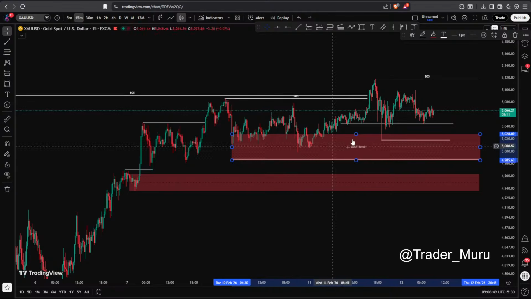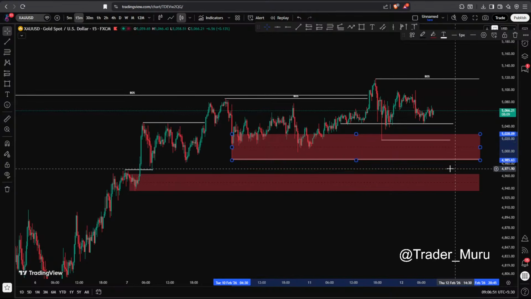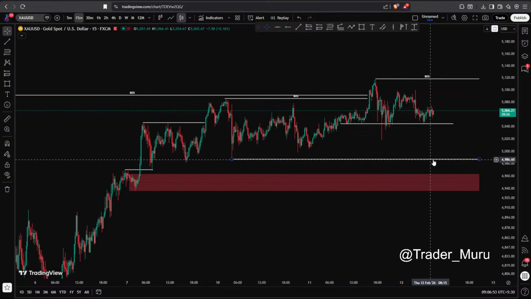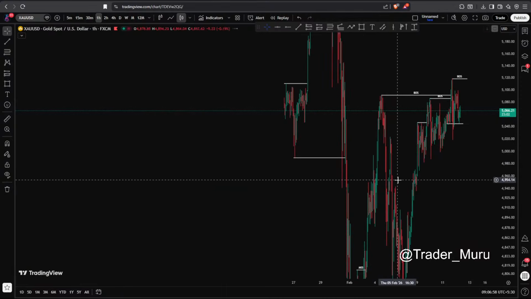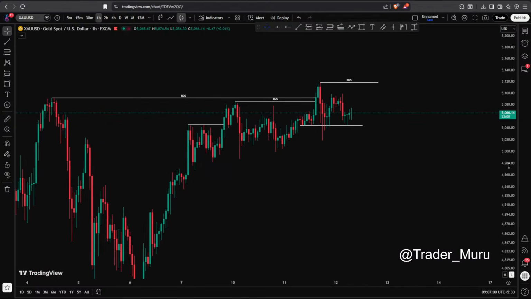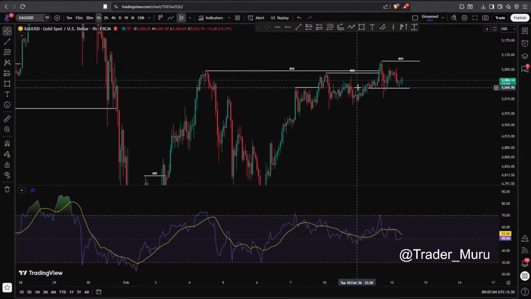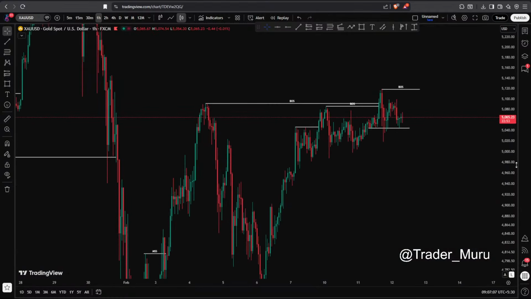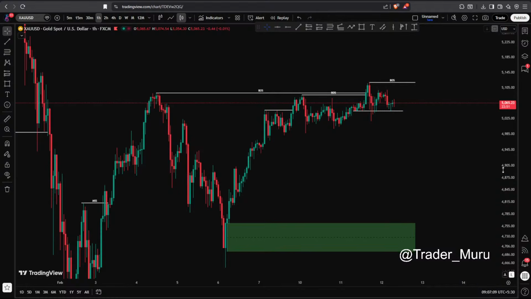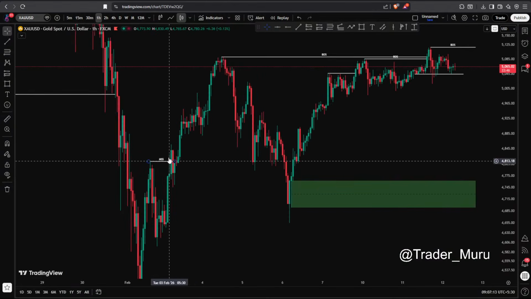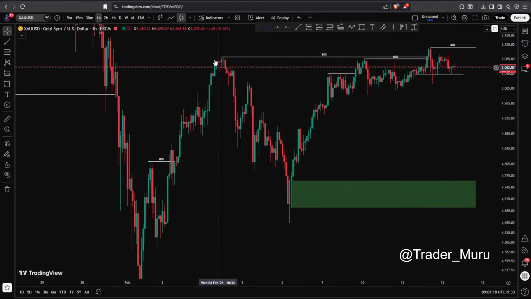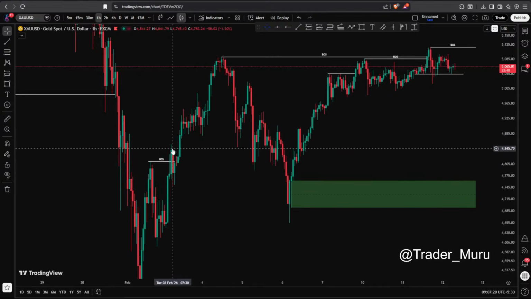So we can't expect it to drop before we have a clear breakout structure here. It is strongly bullish, and this is all just a weakness here. See this, this is the kind of breakout structure which is strong and it can lead price to upside without a drop.